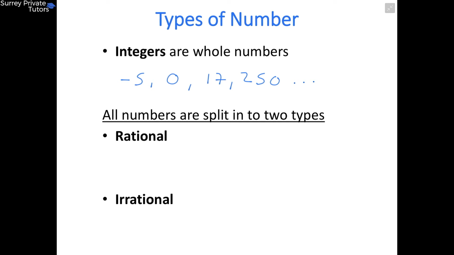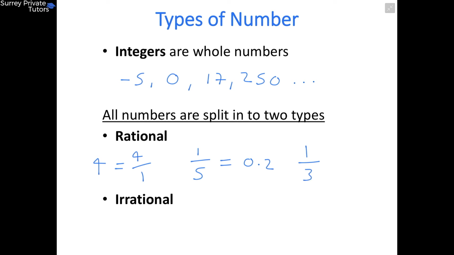Next, you also need to know that all numbers are split into two different types. The first of these are rational numbers, and rational numbers can always be written as a fraction. So for example, 4 can be written as 4/1. 1/5 can be written as 0.2.